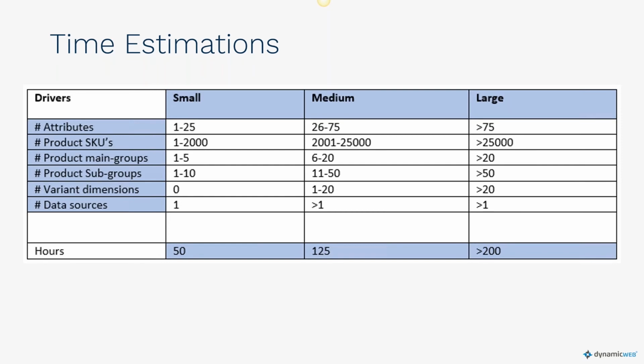So a small project is in the range of, just to generalize, 50 hours, medium projects in the range of 125 hours, and large projects typically go beyond 200 hours in Dynamicweb PIM terms, at least. So hopefully this tool can help us with the very difficult task of estimating the time spent on a PIM project.